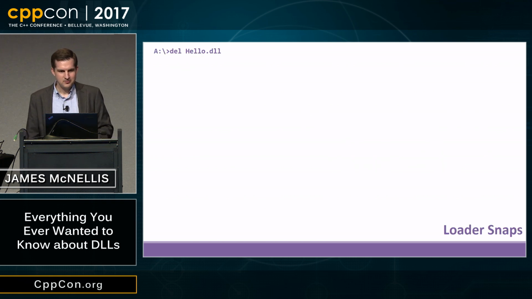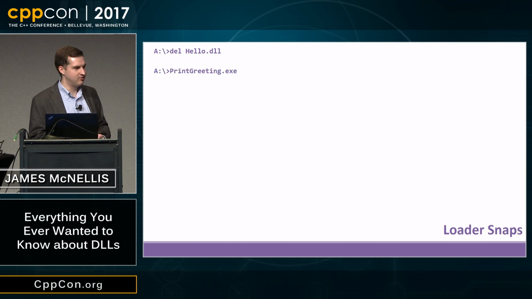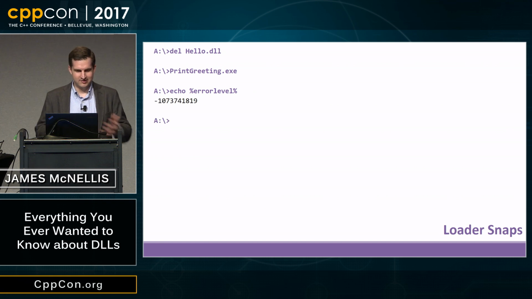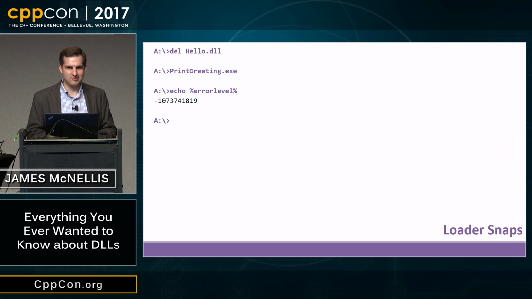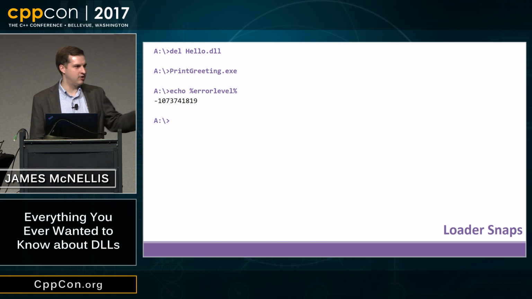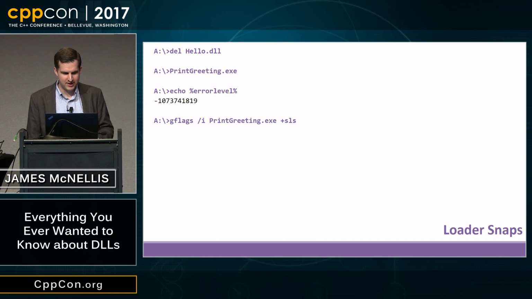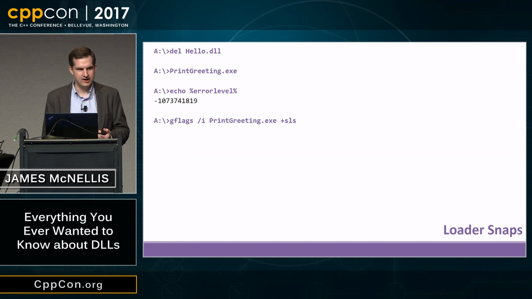So what I'm going to do is delete hello.dll so that when we run our print greeting program, oh, well, it doesn't print anything out. And if we look at the error level, that happens to be the code for an access violation. The reason for that is it failed to load the DLL, and we didn't have any error handling in our test program, so everything's failed. So how do we find out what went wrong? The Windows debuggers package comes with this tool called gflags.